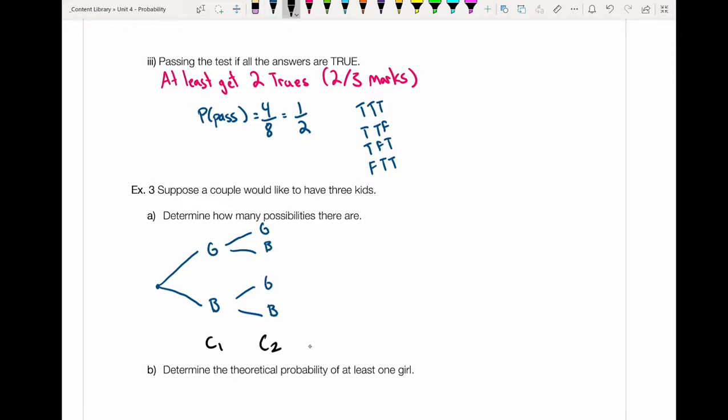And the third, same type of pathway. How many pathways are there? We can count each pathway, or count all the ending numbers. Either way, there are 8 possibilities.